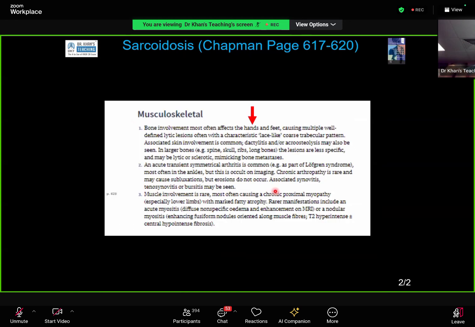So always revise it from there. It's very consolidated. Everything that is required for the exam is given there. Sarcoidosis, TB, you name it. Everything is there.